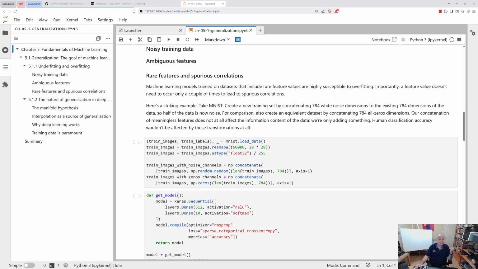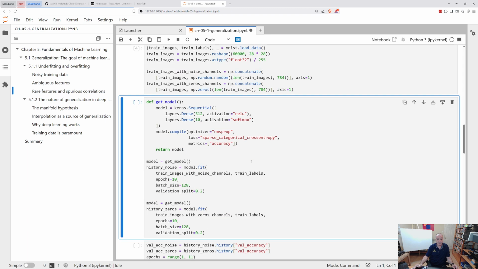For the second example, we do the same thing, but we add in just zeros, right? The zeros are easier to ignore, but the noise, as you'll see here, the model will actually find correlations on, if you train it with a big enough model long enough. So let's go ahead and try that out and see what it does.